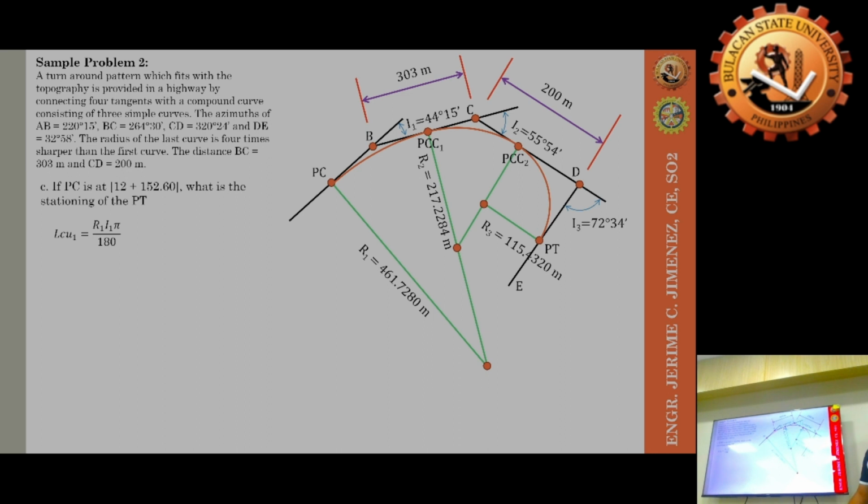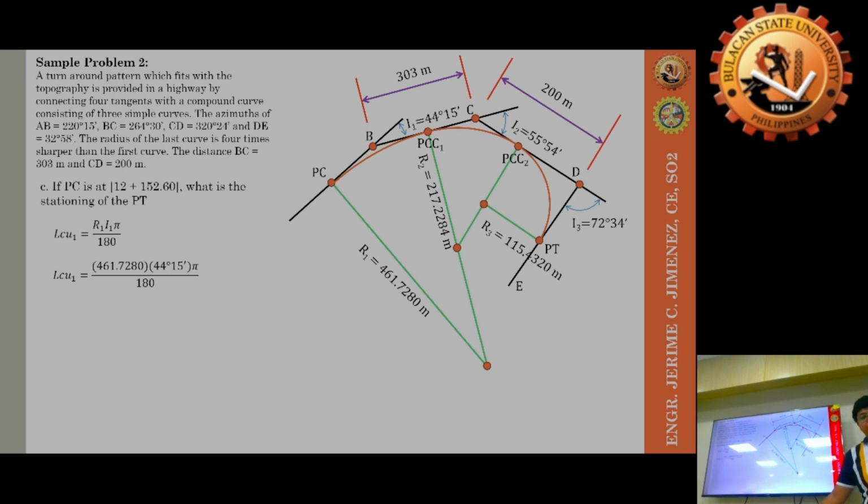So, we have LC1 is equal to R sub 1 multiplied by I sub 1 multiplied by pi over 180. Pwede nyo ito gawin using chord basis. Check nyo kung magiging parehas yung sagot natin. So, substituting the value of R sub 1 and I sub 1, compute the LC sub 1.